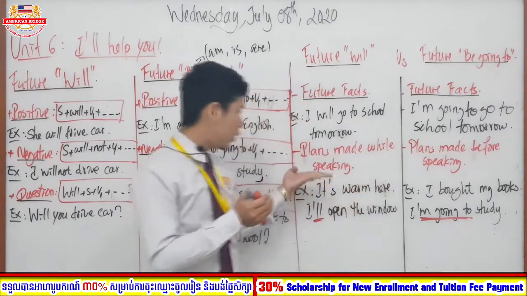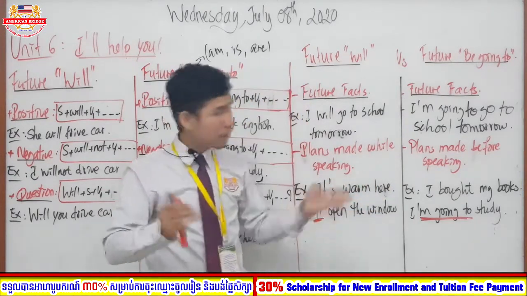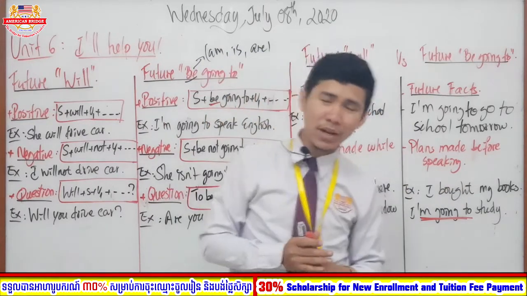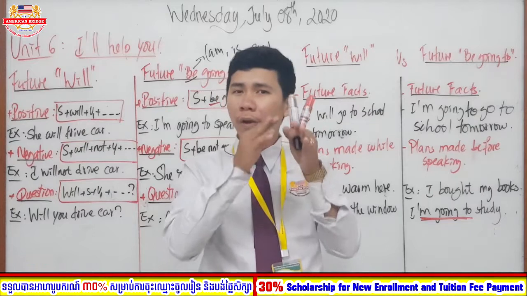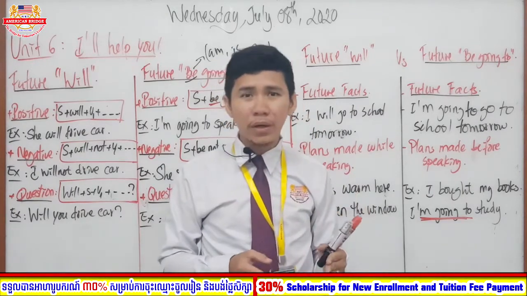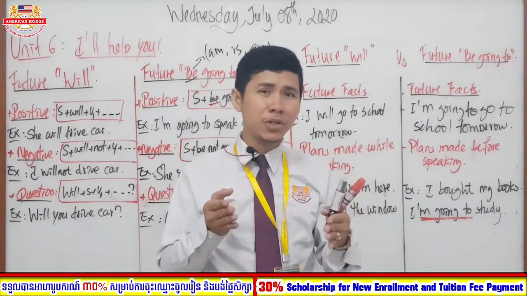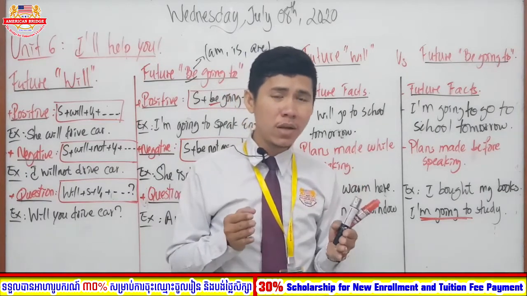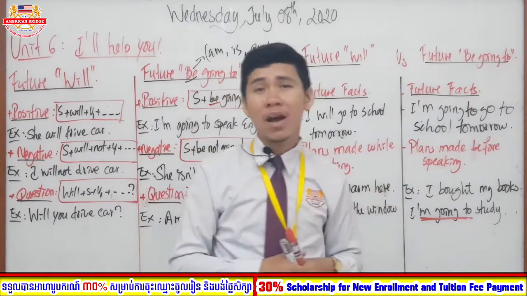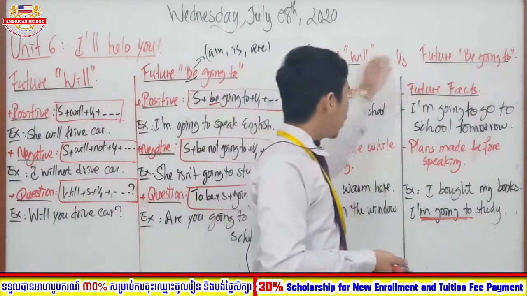So this one is do without thinking, do with thinking in advance. This is the way we compare will and be going to. However, everyone, if you have any question, you can drop a question. More explanation will help you get more ideas related to will and be going to.